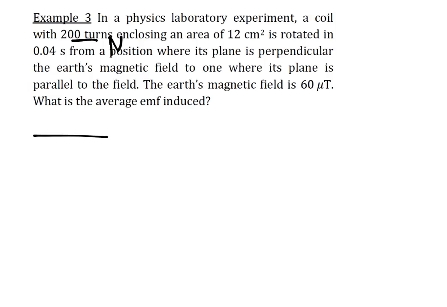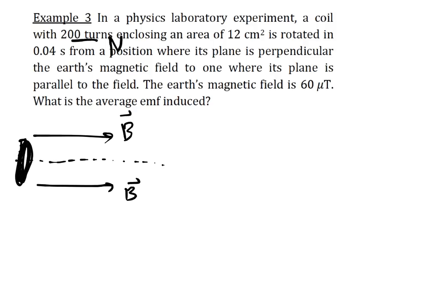So what we need here is the Earth's magnetic field. We start from being perpendicular. This is the coil, with N turns and with the area A.